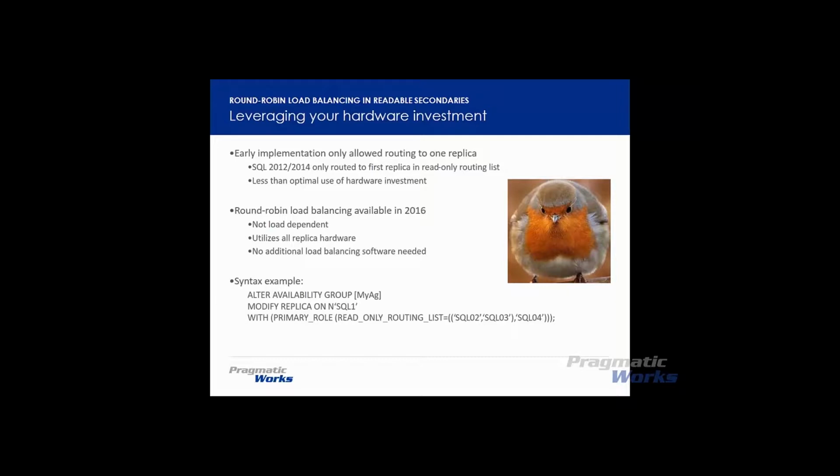So I've worked at a lot of customers where they had, maybe, an availability group of 4 replicas, 1 primary, 3 secondaries. That represents a pretty significant hardware investment, and prior to 2016, you were basically paying for insurance as opposed to doing anything else.